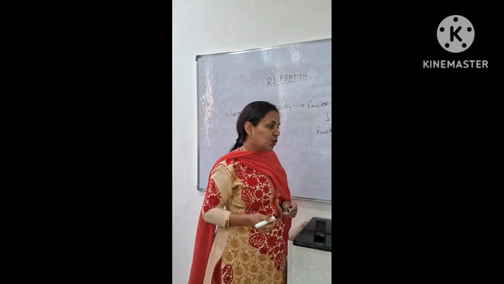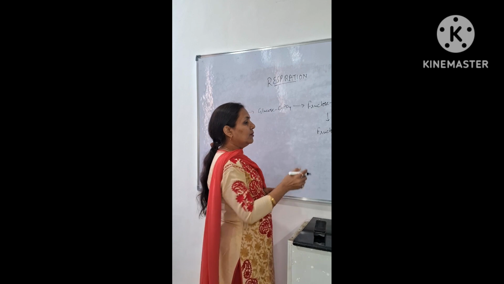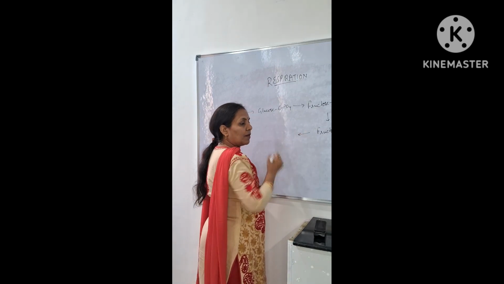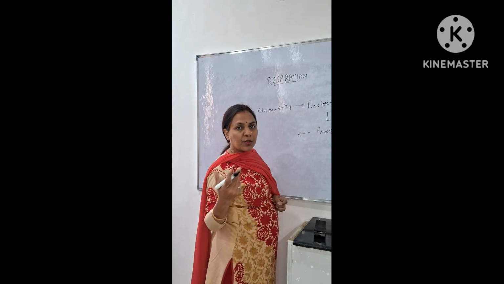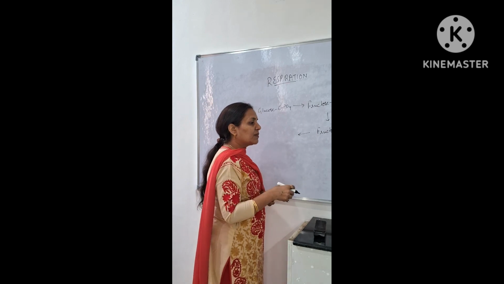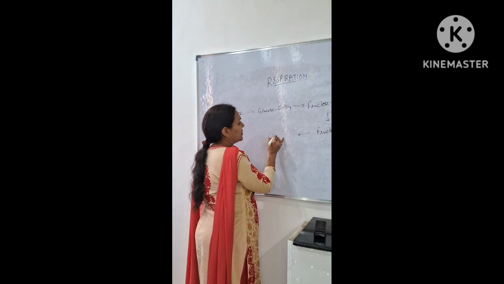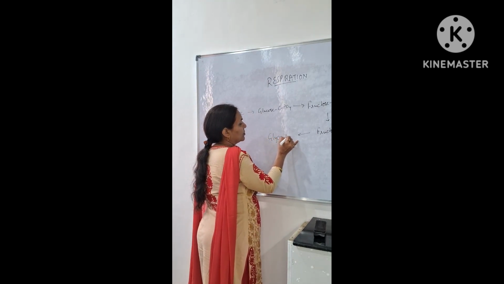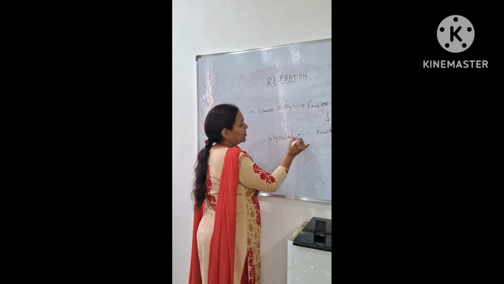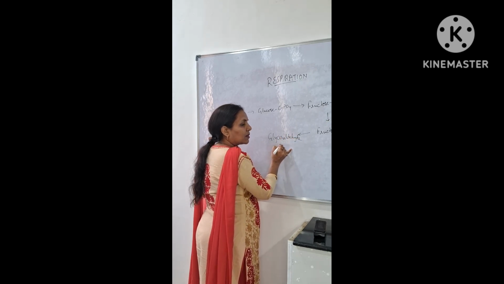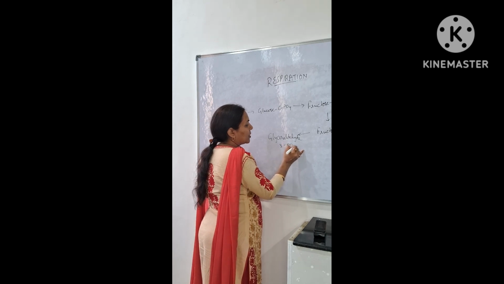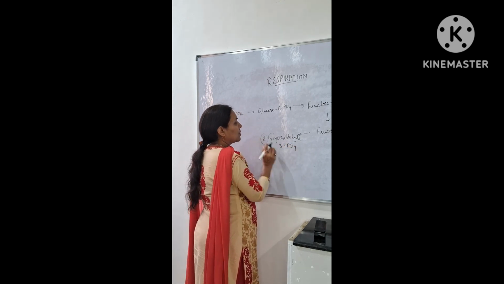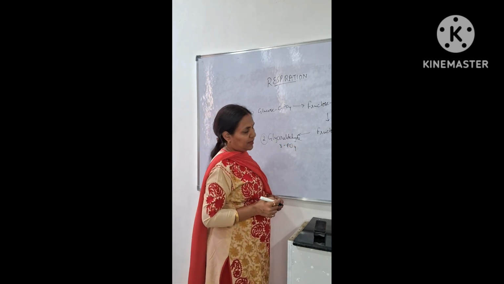Bi meaning 2. Now from here we get dihydroxyacetone phosphate, which gets converted to glyceraldehyde 3-phosphate. Now there are 2 molecules of glyceraldehyde 3-phosphate.